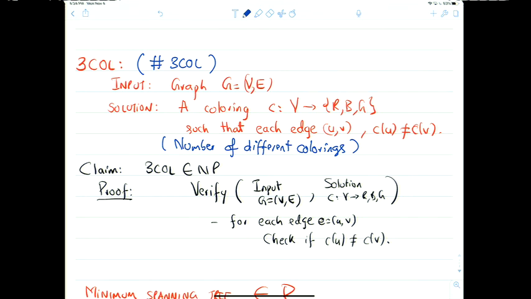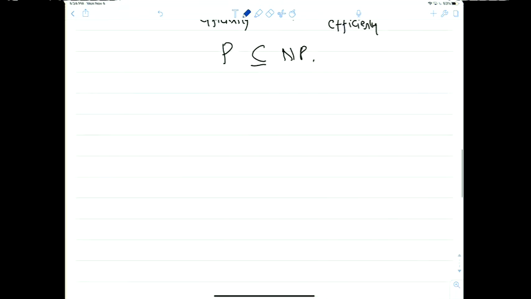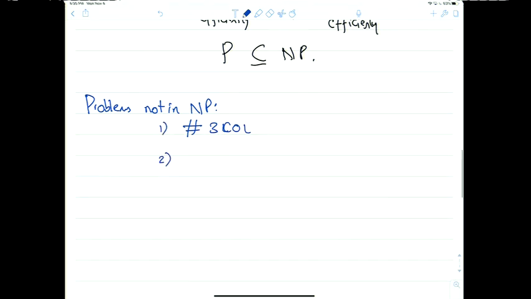So the examples of problems not in NP would be the number of colorings, when you count the number of solutions, or the other suggestion was games.